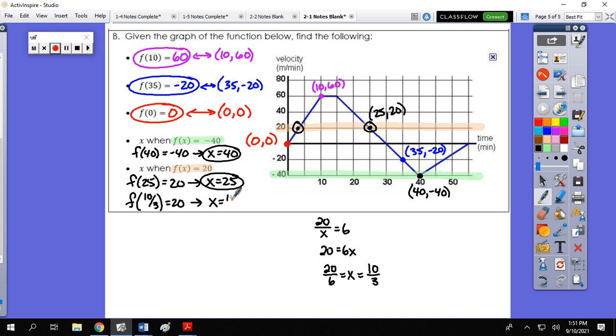Which means x equals 10-thirds would also be an answer there. And that's very, very challenging to come up with that second point. I don't think any of the ones on your actual assignment are that hard.